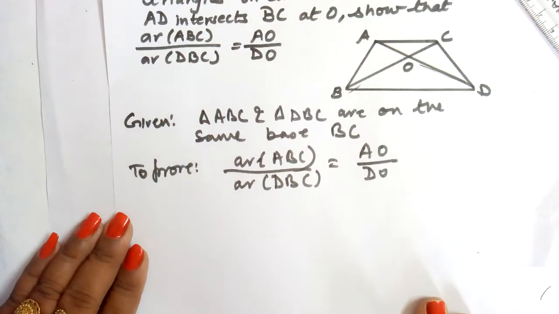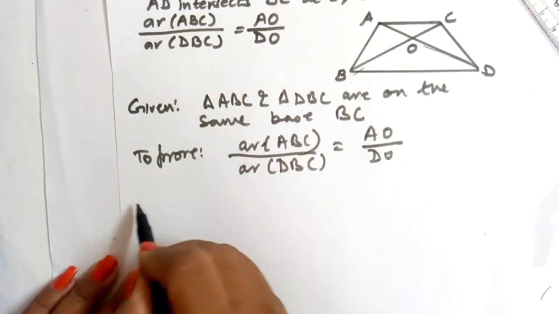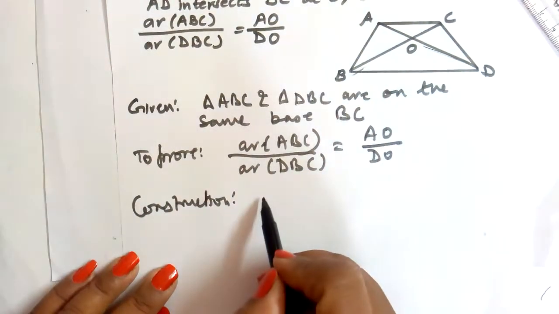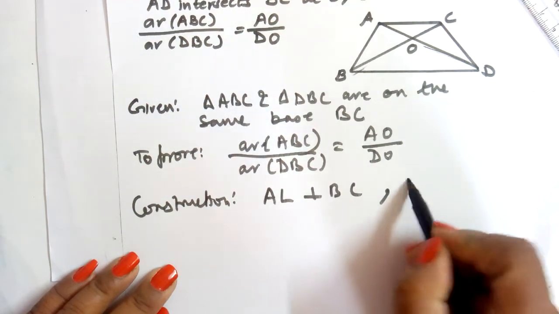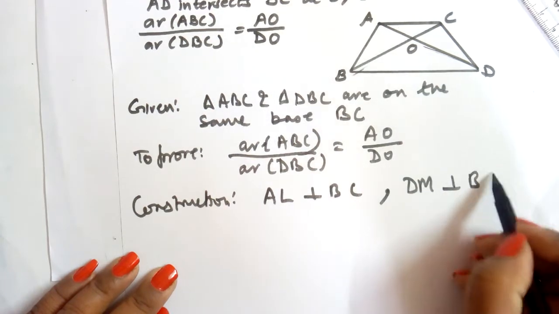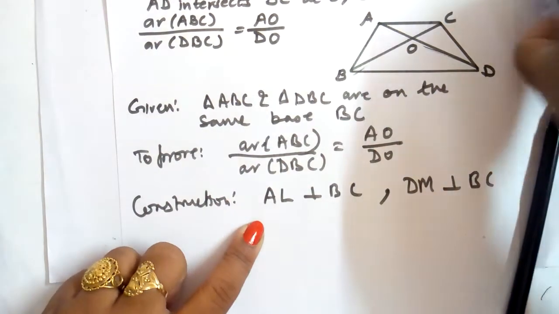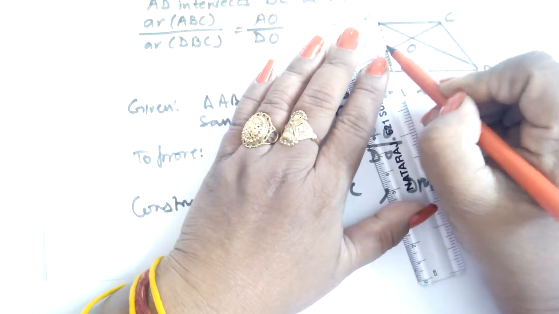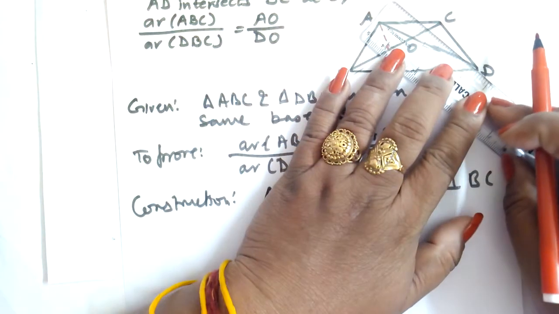As I already told you, sometimes in proving questions we have to do a few constructions also. So here we draw AL perpendicular to BC and DM also perpendicular to BC, from the vertex A and from the vertex D. Whenever we are doing a construction, we always do it with a dotted line.